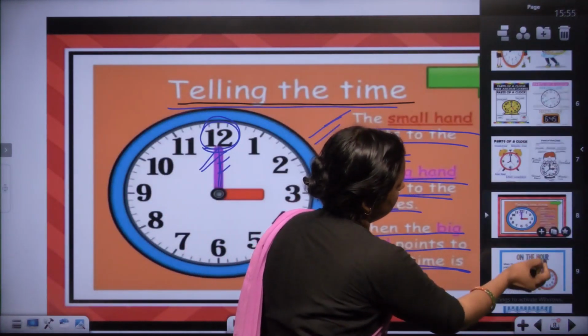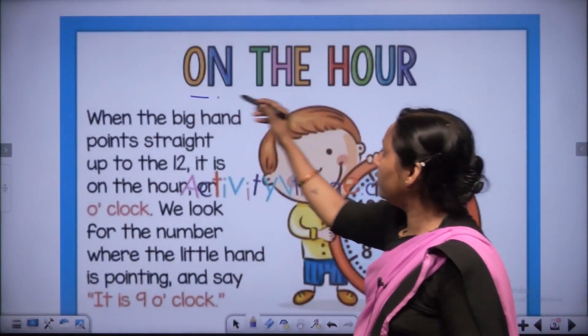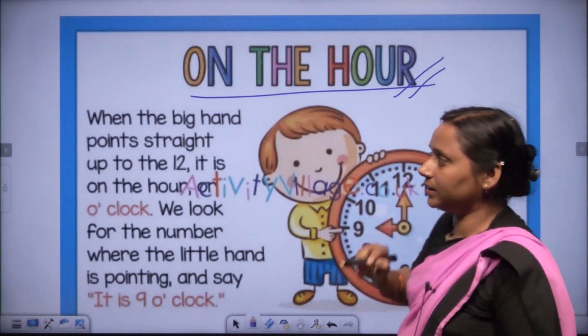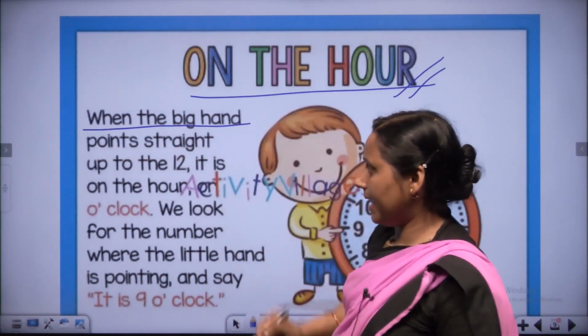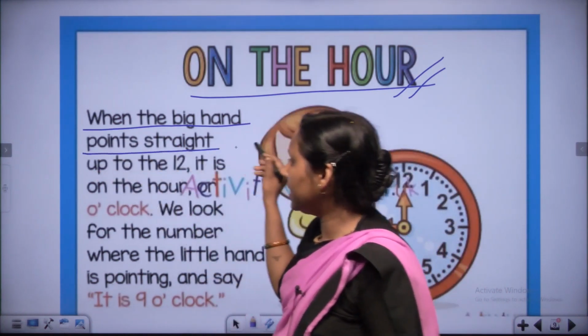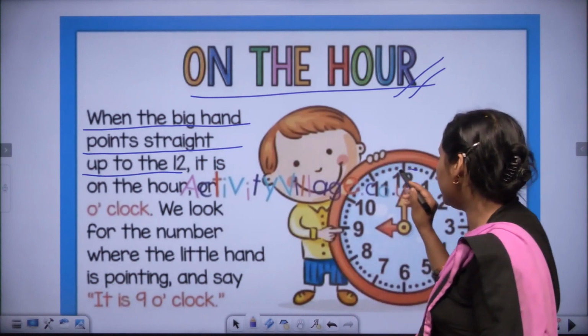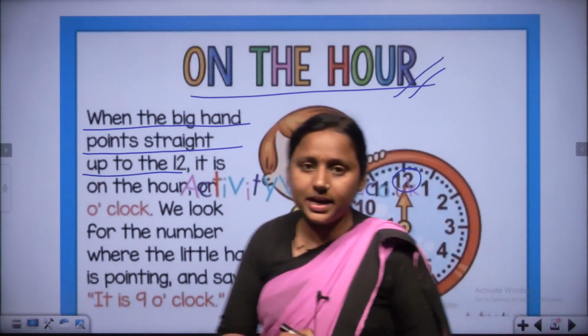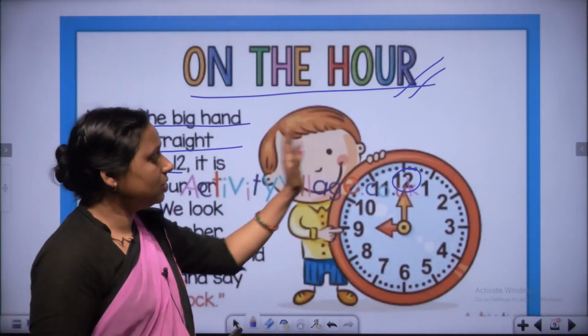Now next. Okay, on the hour. Now we will read about the hour hand. Short hand. When the big hand points straight up to the 12. Big hand means minute hand. Where does the minute hand go? In the 12. In a clock.